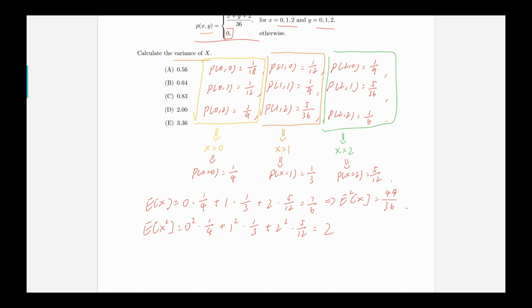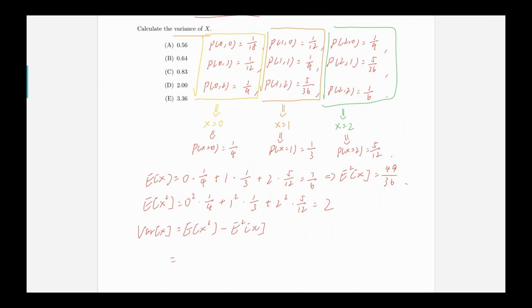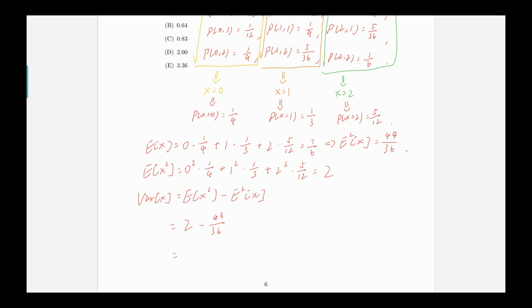Okay, and now we have the 2 components for the variance. This equals the expectation of x squared minus the square of the expectation. And that's going to be 2 minus 49 over 36, which equals 23 over 36.